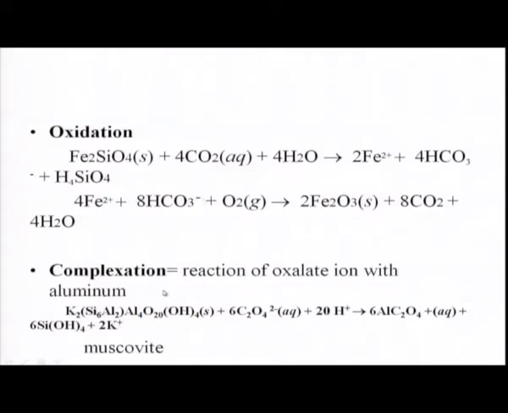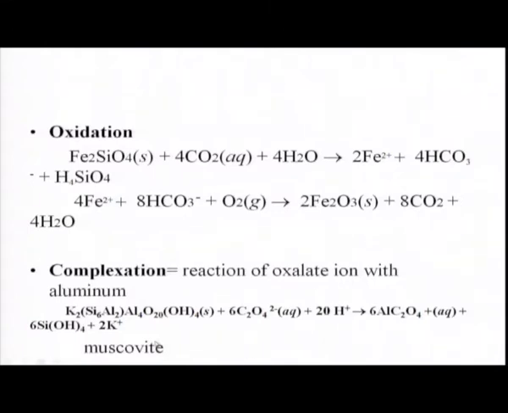Complexation also brings about solubilization of the material. For example, if organic matter is there, its microbial degradation may lead to the formation of oxalic acid or oxalate ion. This oxalate ion is able to form complexes with aluminum, iron, etc. That also brings about solubilization, because aluminum and iron oxalates are water soluble.